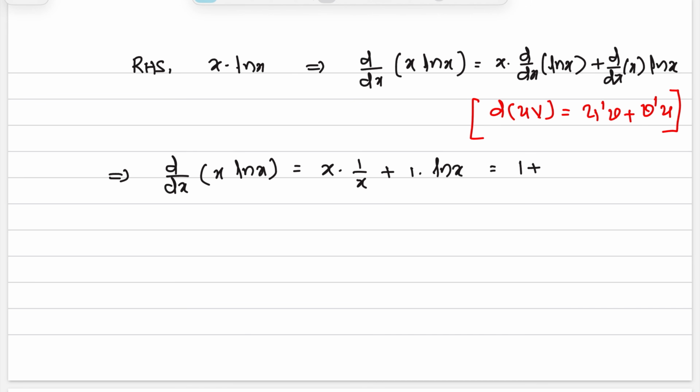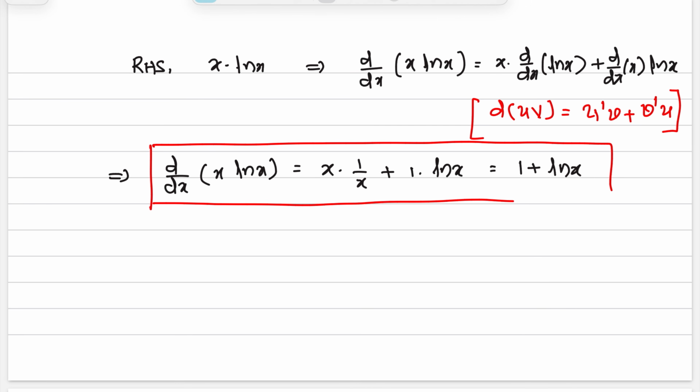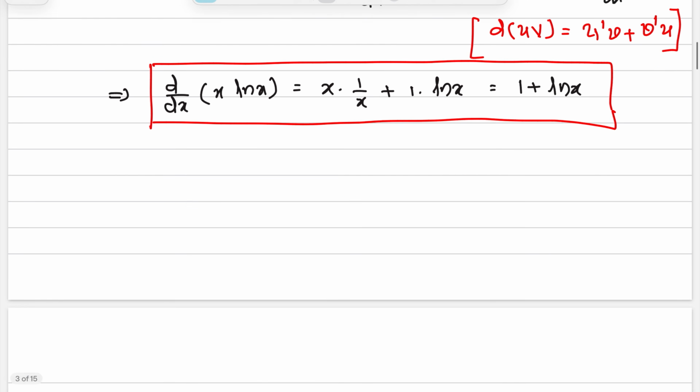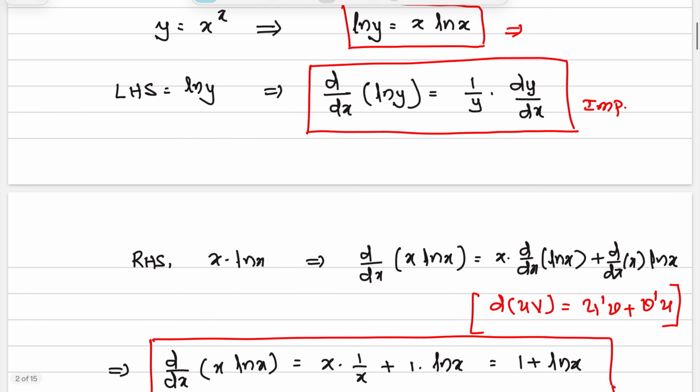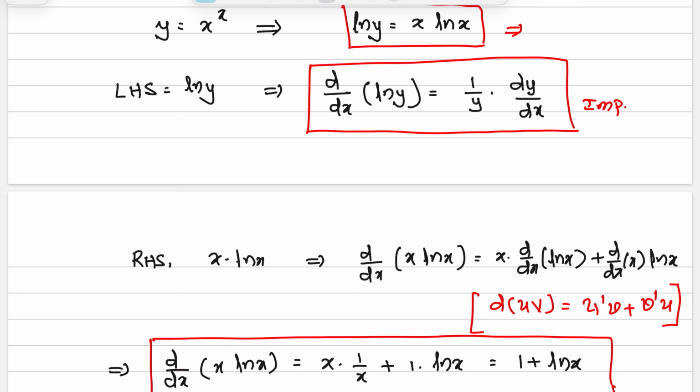That is equal to 1 plus ln x. This also you please try to understand. If you have any doubts, please write to me in the comments column. I will explain.